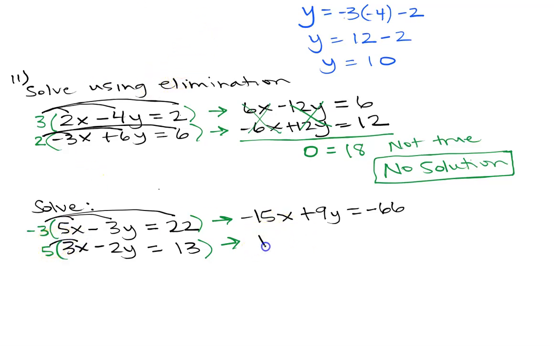So I'll get 15x, and I'll get negative 10y, and then I'll get 5 times 13 gives us what? Positive 65. Is that what you came up with? Are we okay to that point?